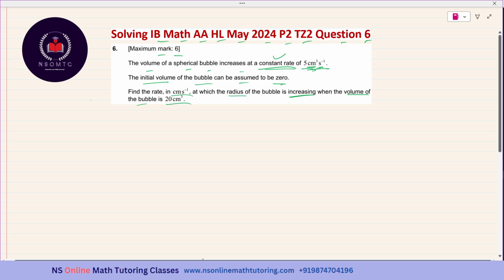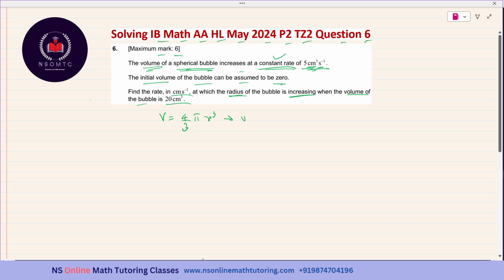Okay, so it is a spherical bubble. And we are having two parameters. One is the volume, another is the radius. So we should be getting an equation connecting these two. So what is the formula connecting the volume and the radius of a spherical bubble? It is V equal to 4 over 3 pi r cube.